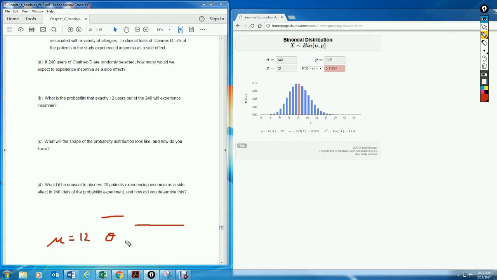All right, so that's what we're going to do here. I know the mean. I need to calculate my standard deviation, which is equal to the square root of n, which is 240, times p, which is 0.05, times 1 minus p, which is 0.95.